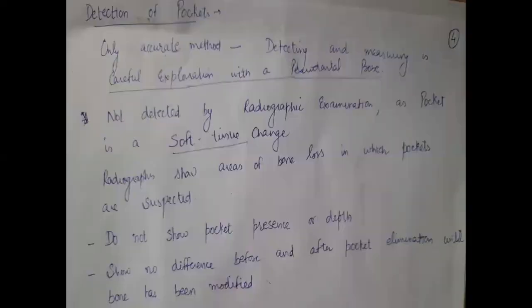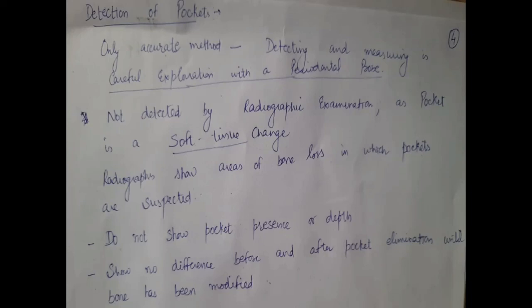Now, detection of pockets can only be done by a periodontal probe, by walking a periodontal probe into the periodontal pocket. This is the only accurate method of detecting and measuring the pockets. It is not detected by radiographic examination as a pocket is a soft tissue change and you cannot see a pocket on a radiograph.